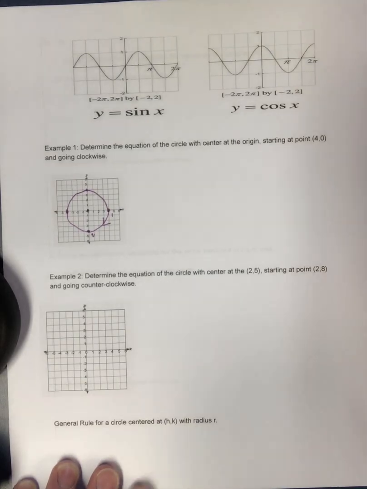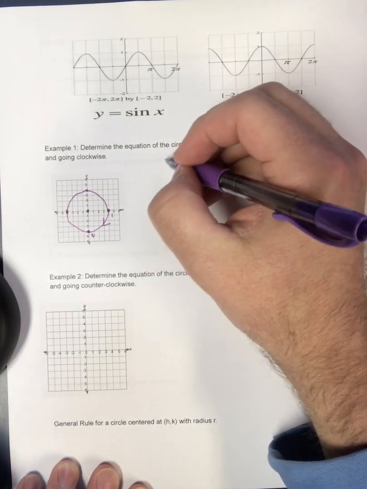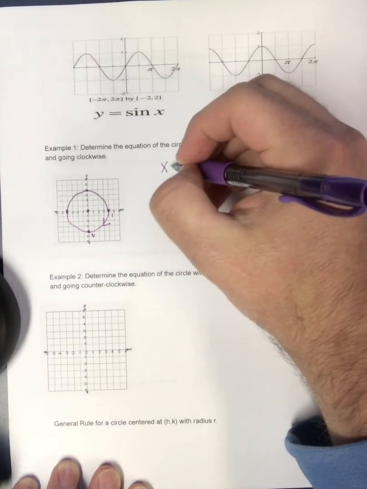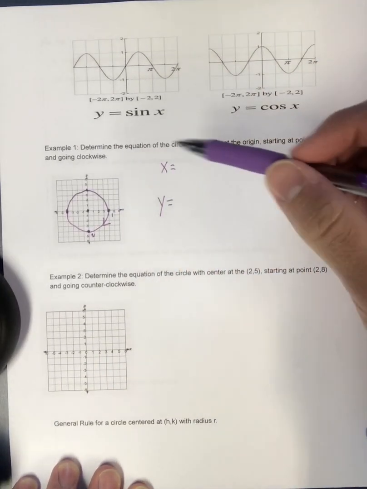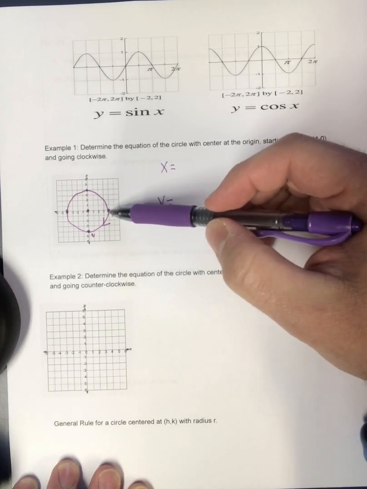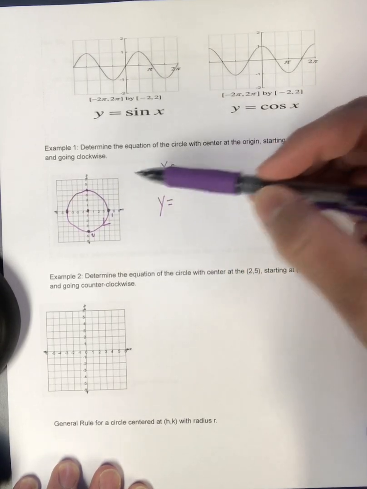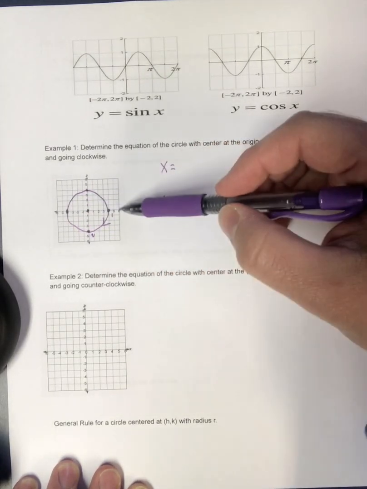Now we're going to create the equation of these two different x and y components. For the x component, we want to think about, in terms of the x values, the first x value we have: is it a max, cross, or a min? Think to yourself, what is the highest x value that we could get?